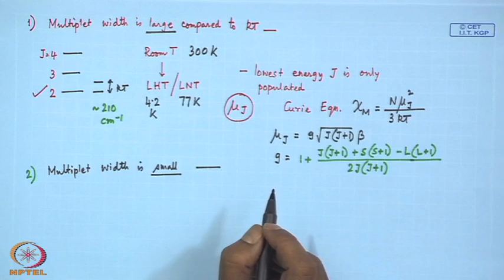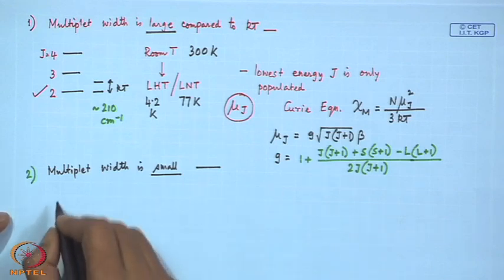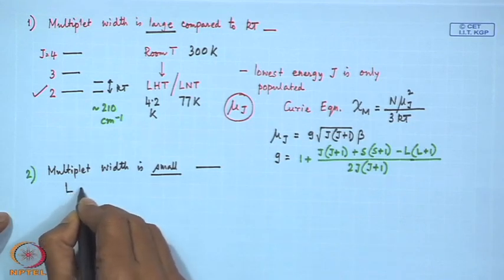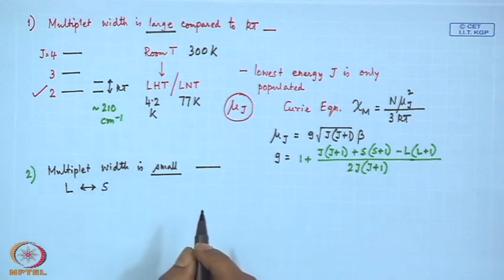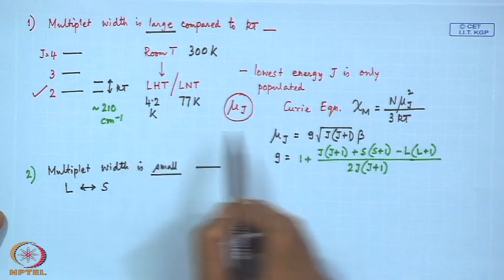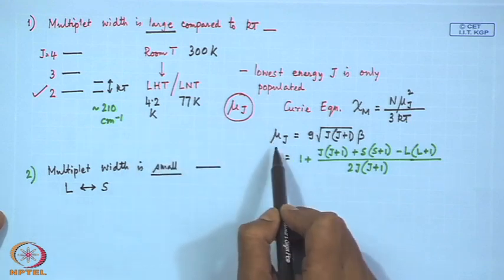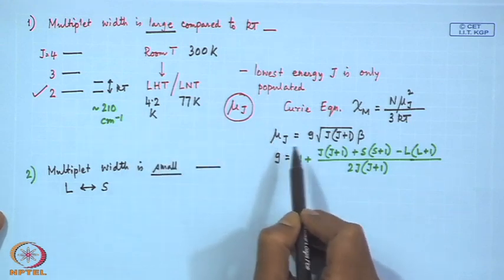So, when it is small, the coupling between L and S, in the previous case the coupling between L and S is strong, so we have J which is a good quantum number.